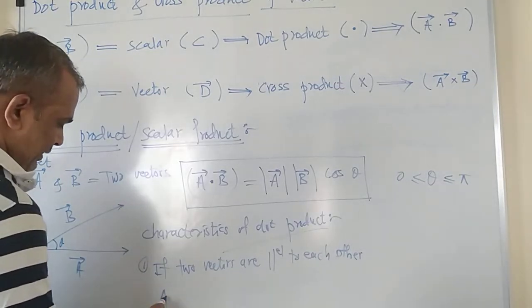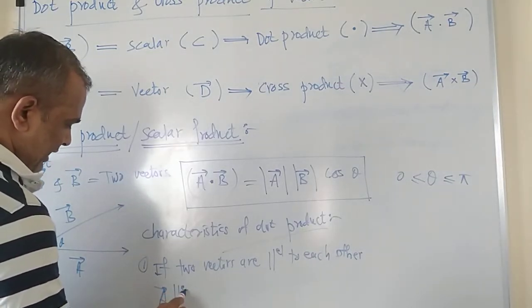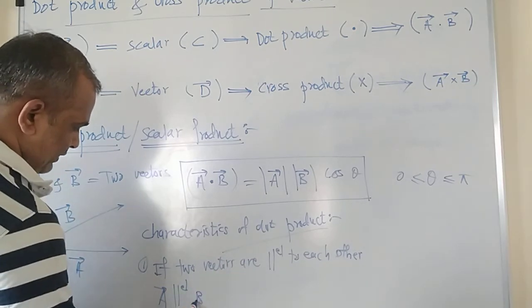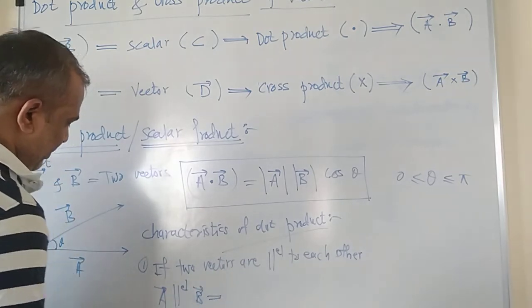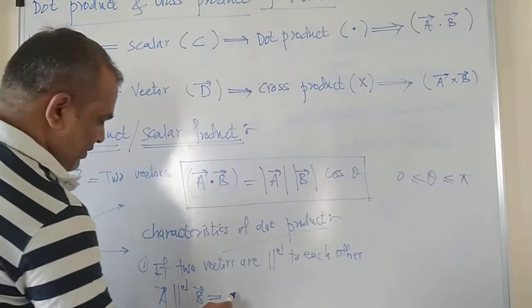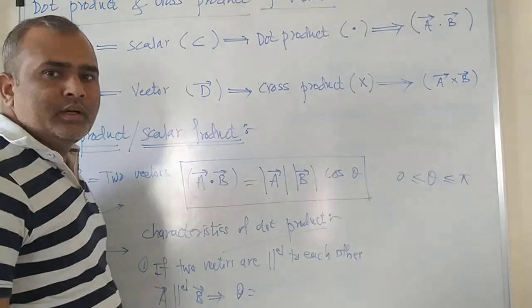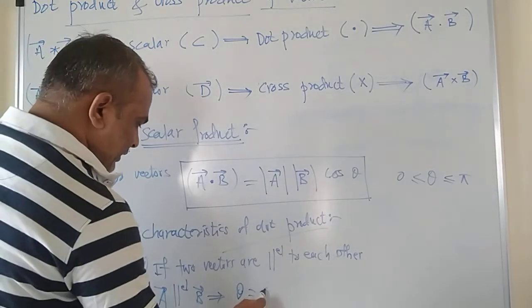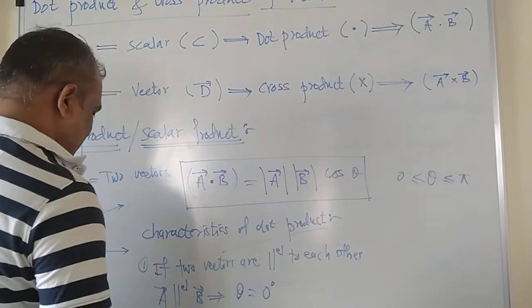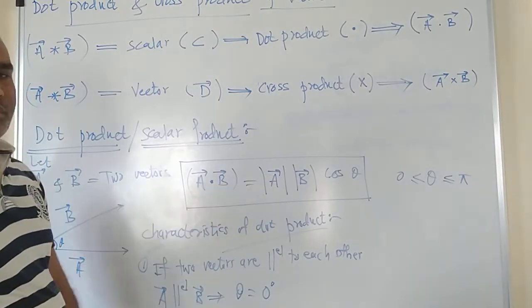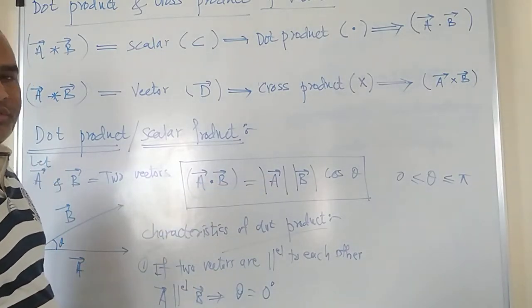If a bar is parallel to b bar, what is the value of theta between them? There is no angle between them, so theta is equal to 0 degrees, and a bar dot b bar is equal to, you can put cos 0, which is equal to 1, as we know.